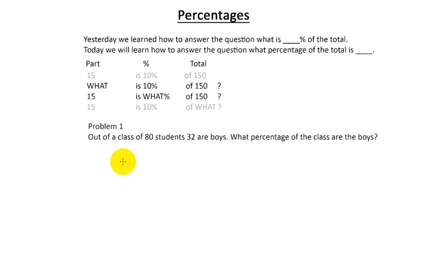And the part is the 32 boys who are part of the classroom, but they're not the whole classroom. The whole classroom is 80 students. So what I need to do is 32 divided by 80.